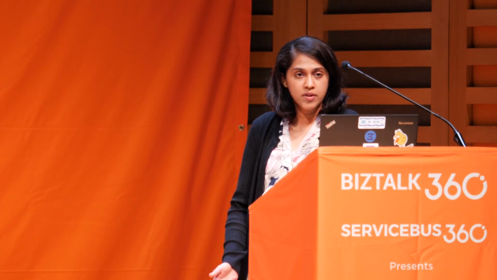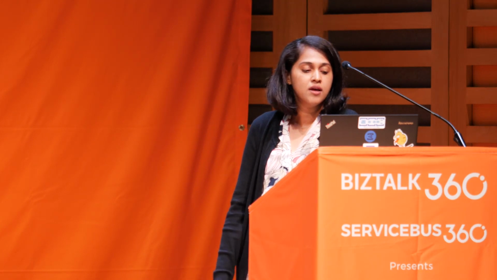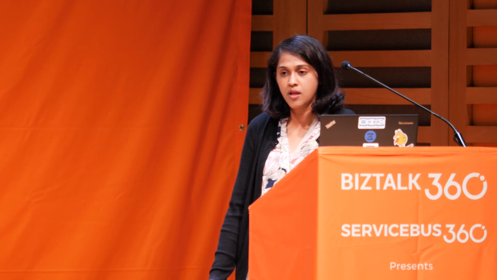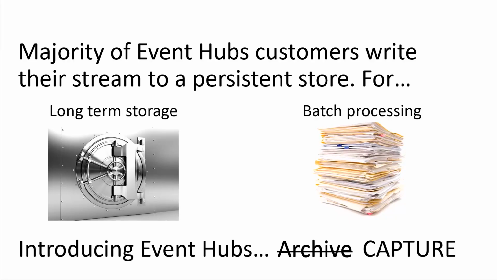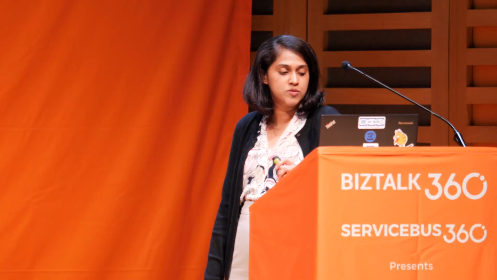So Event Hubs has a feature called Capture. It was launched as a public preview in September 2016. We called it Archive then, which was a code name our team initially used. We now call it Capture.